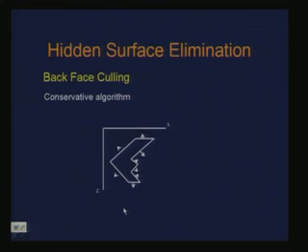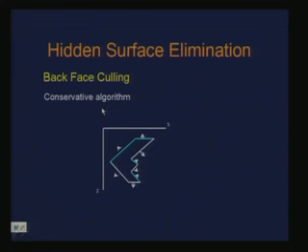Fine. So, what will happen using the back face culling method? Some of the faces will be marked as back faces and therefore, should not be displayed. So, these green ones are basically the back faces. But if you look at this face, it is still not visible, because it is actually obstructed by this. So, it does not consider that. That is why I meant the algorithm is conservative.